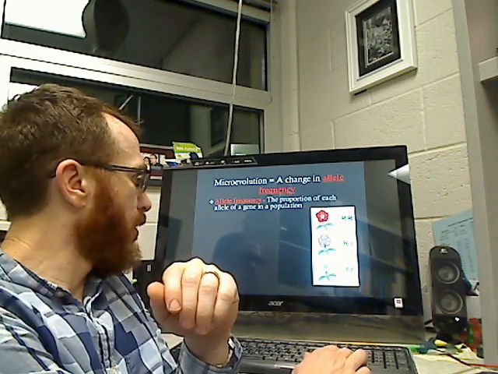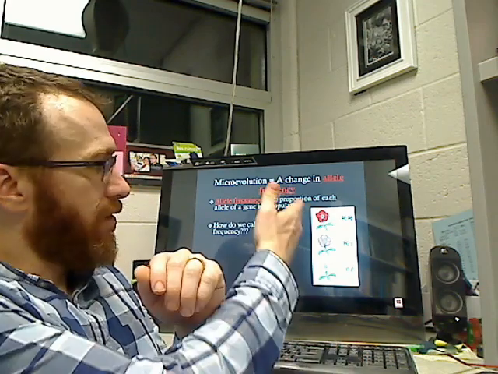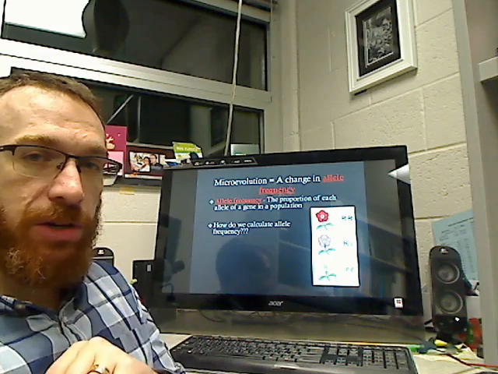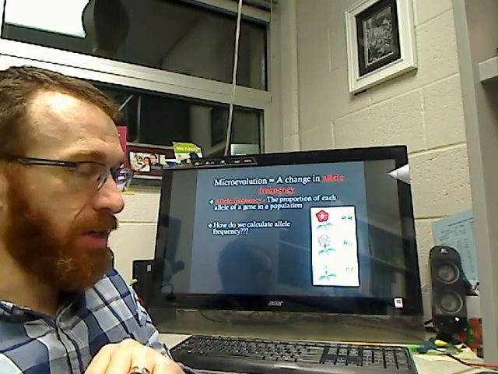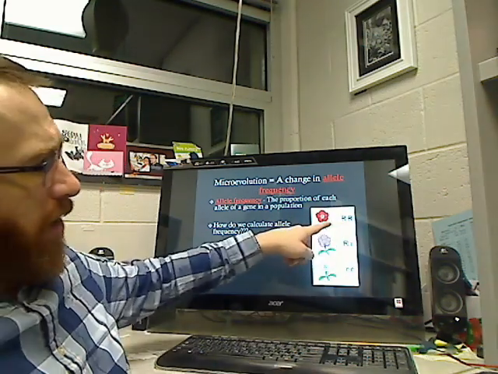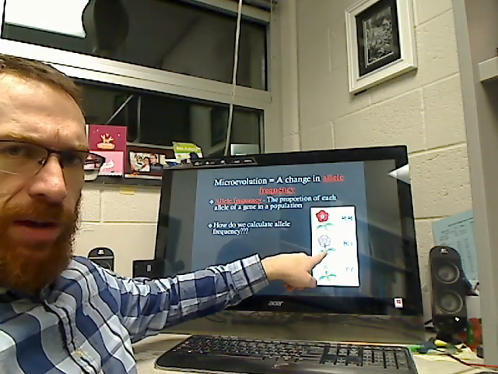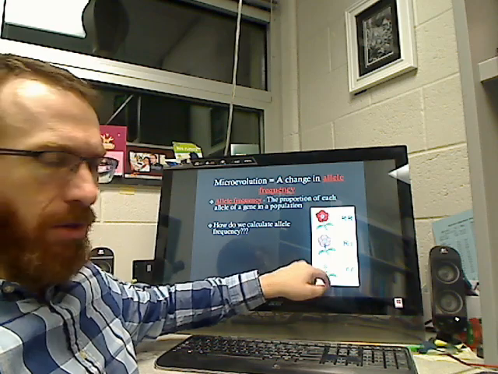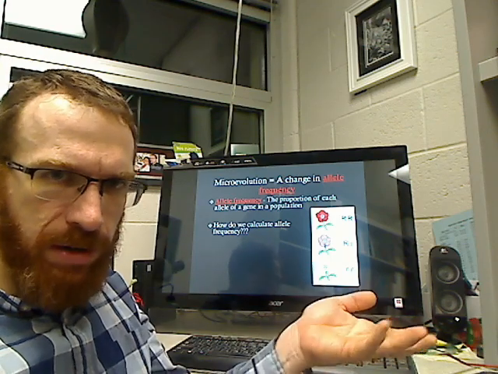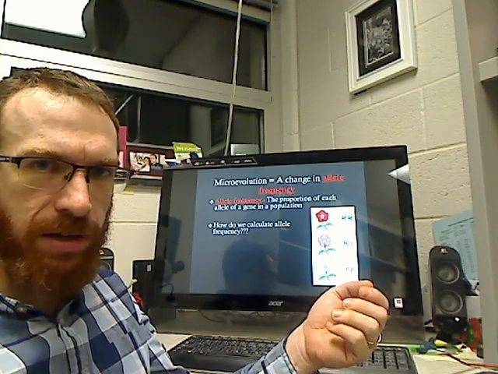What does that mean? Let's say this is our population here for this particular gene. We have big R are the red flowers, big R little r are the pink flowers, little r are the white flowers. We've been dealing with things like this in Mendelian genetics before.